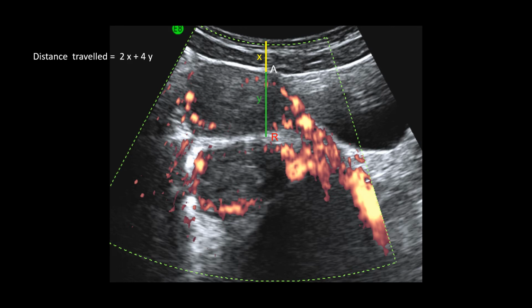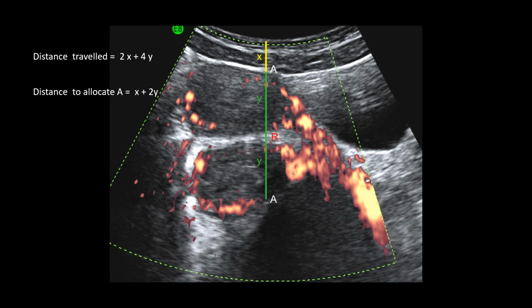It thinks that it has been traveling in a straight line forwards and reflected back only once as a well-behaved impulse, and therefore it calculates the distance corresponding to that time. It is here 2x plus 4y. Divide it by 2, so it is allocating the point A at a distance of x plus 2y.